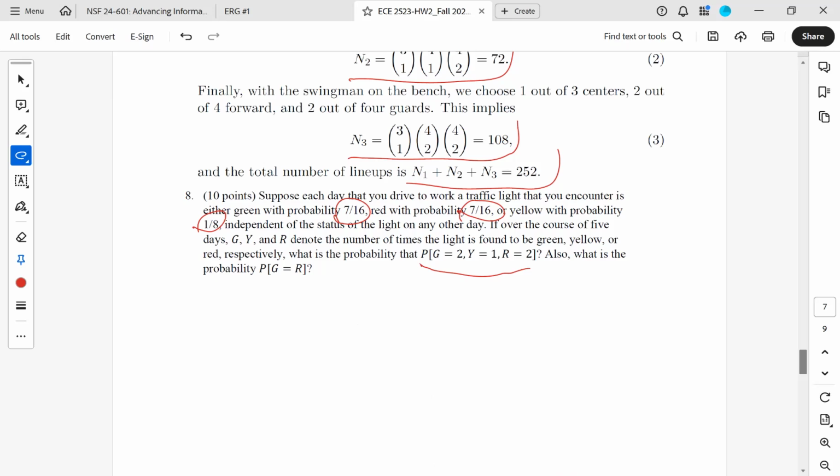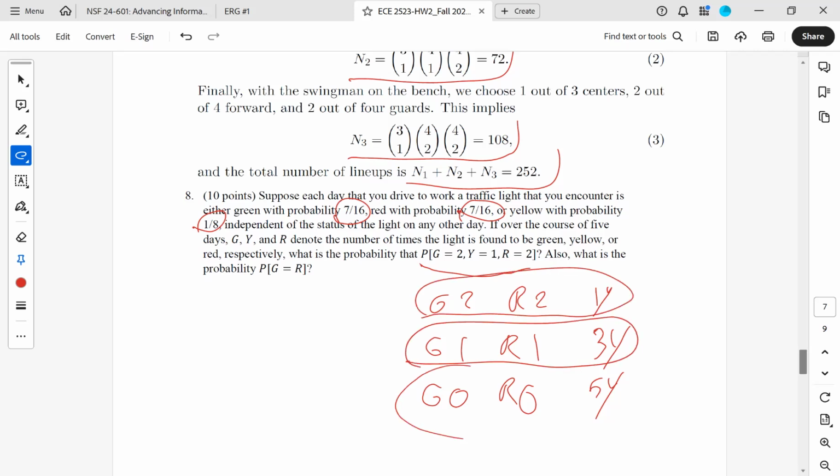Either we have 2 green lights, 2 red lights, 1 yellow, or we have 1 green, 1 red, and 3 yellow, or we have 0 green, 0 red, and 5 yellow. We can't have more than that, because if we have 3 green, our condition says we have to have 3 red, which is more than our observations already. So this is all the possible scenarios that could happen.